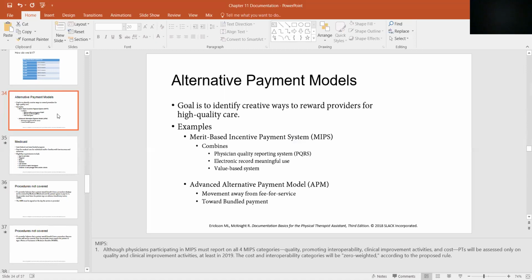So if somebody had a knee replacement, the hospital got a lump sum of money, and if somebody had to go to skilled care, that lump sum had to get distributed to the skilled care, and then when they went to outpatient, it had to get distributed to the outpatient.